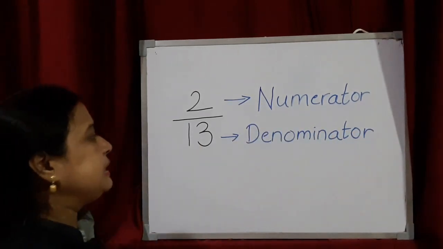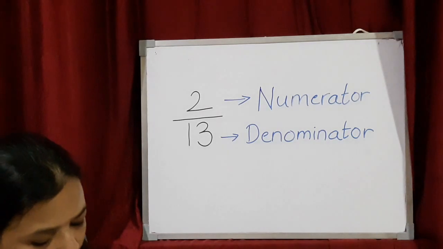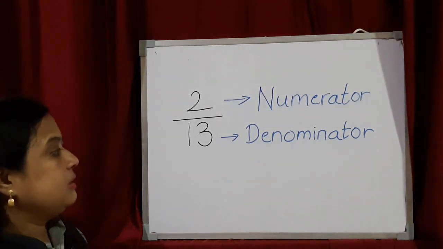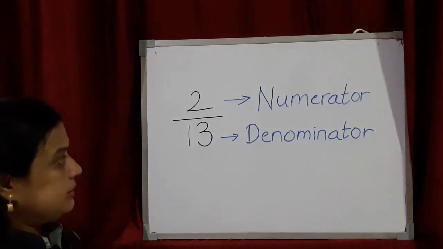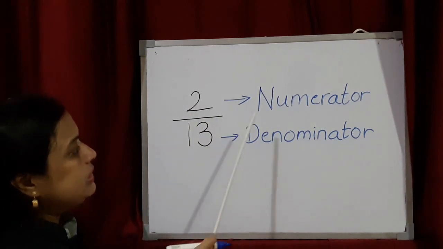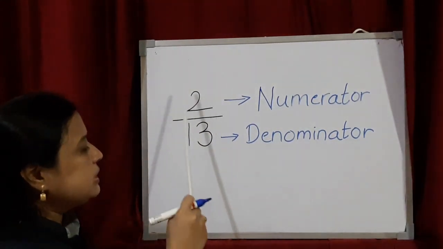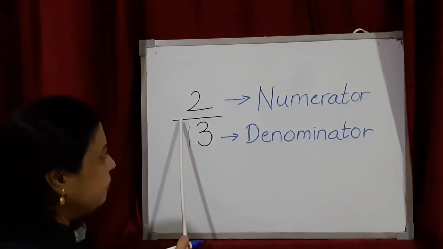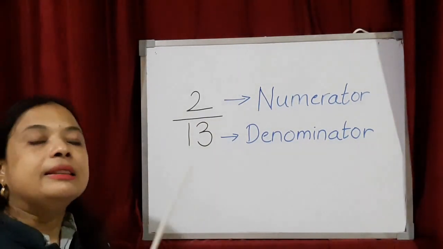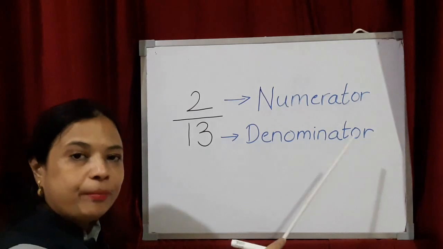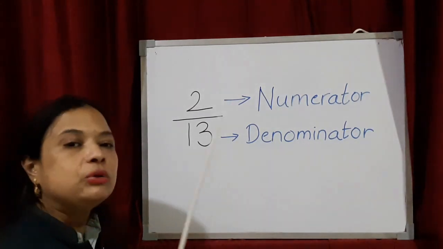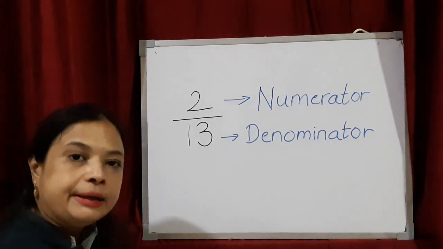So there are specific names for these numbers. The number which is the first number, before this line, is known as numerator, and this number, the total number, is known as denominator.